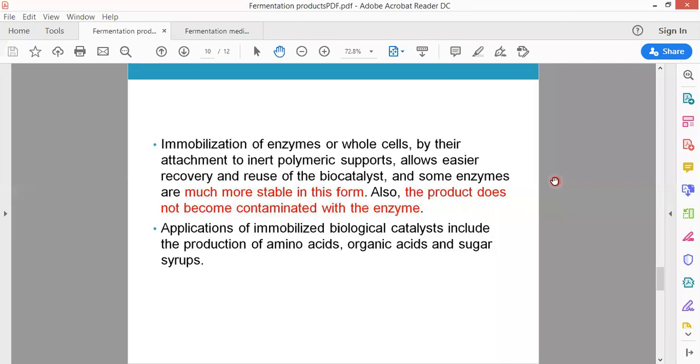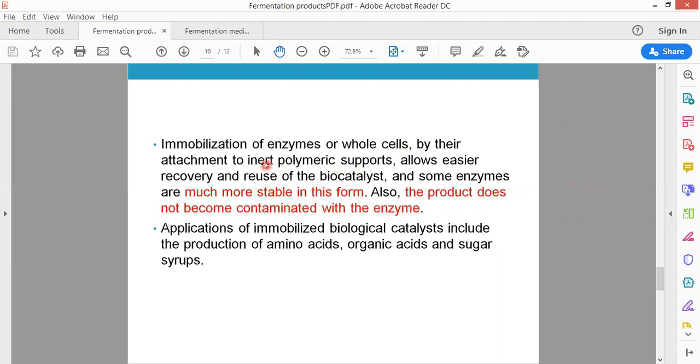There is easy recovery, meaning once you add enzyme in any fermentation media, there is a requirement of purification, extraction of that product from the whole media, right? So in order to minimize that effect, especially for enzymes, what do you do? You put an enzyme on a kind of support system.